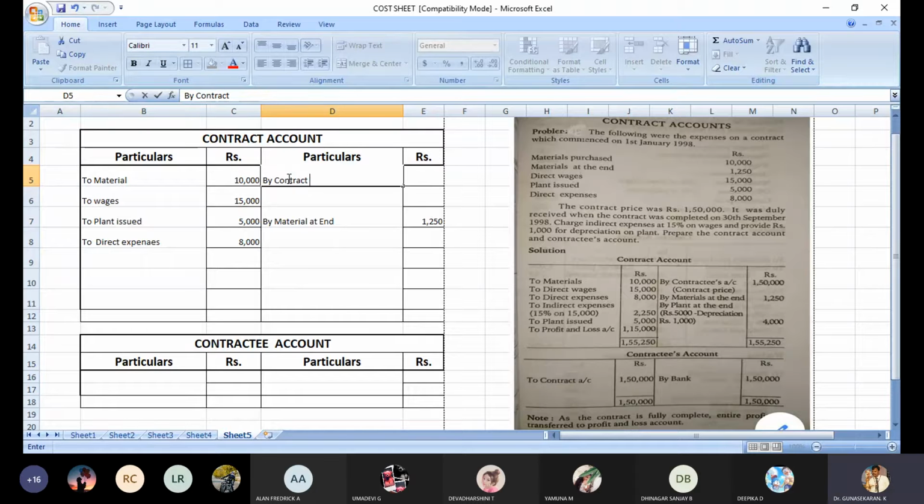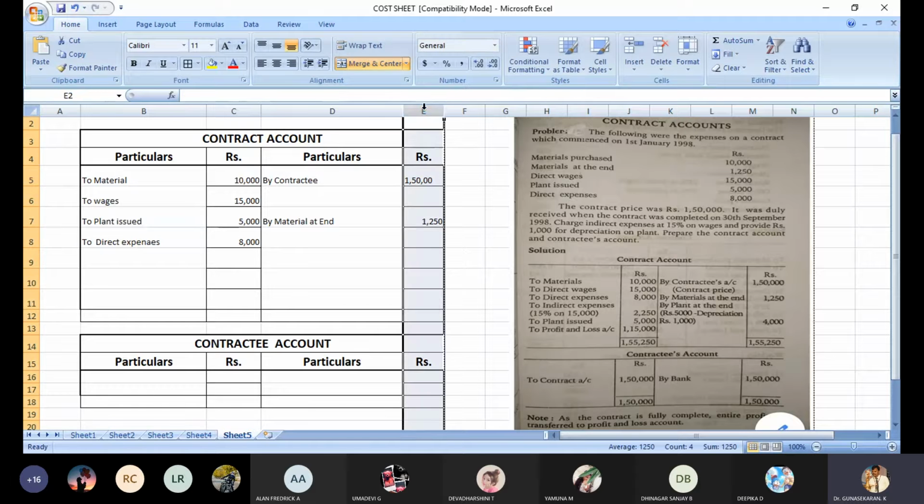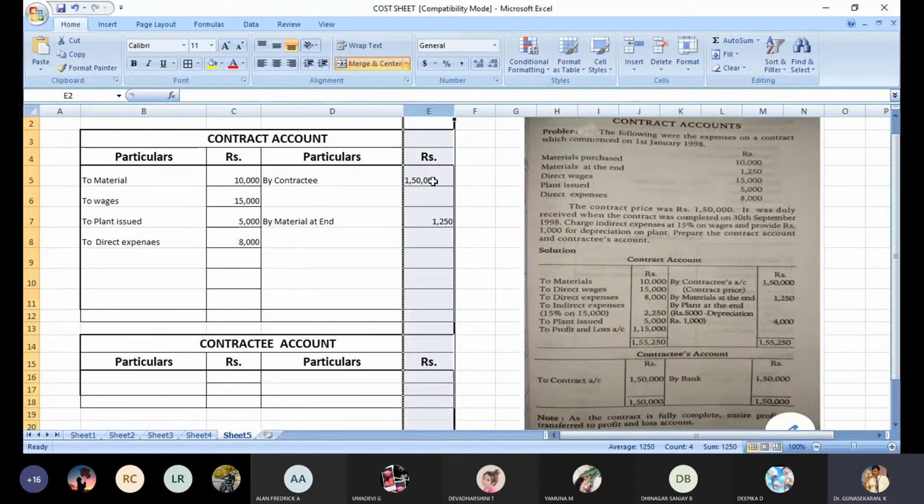The contract price is given by the contractee. That's why we have to enter 'by contractee'. Why, sir, is the word contractee mentioned? Because the contractee has given the contract amount to the contractor. So by contractee, how much value? 1,50,000. Okay, so credit side 1,50,000 means contract price.